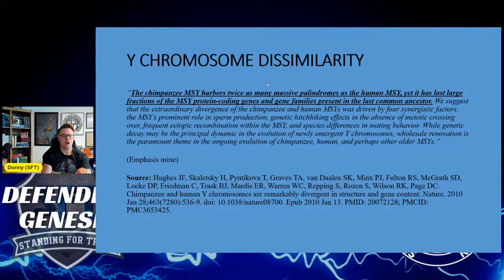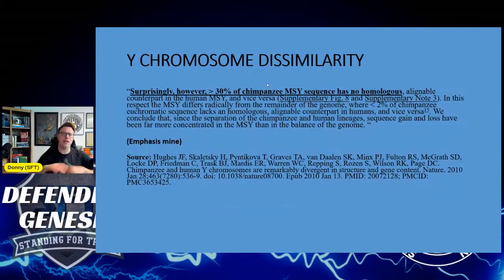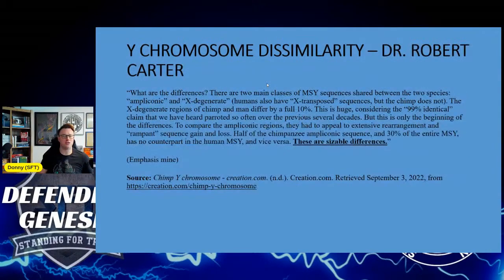Yet it has lost large fractions of the MSY protein coding genes and gene families present in the last common ancestor. Remember, they assume common ancestry. And so they have to invoke major loss, major reorganization of the Y chromosome. Surprisingly, a big chunk of chimpanzee MSY sequence has no homologous alignable counterpart. Guys, more than 30% has no homology or alignable counterpart with the human Y. That means they have to invoke major loss.